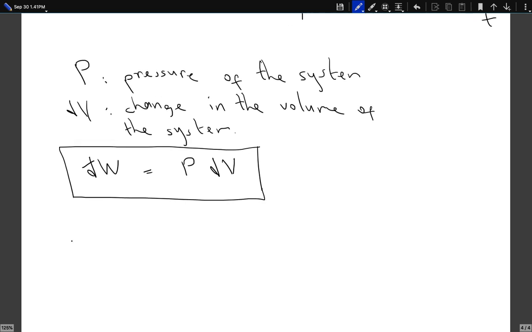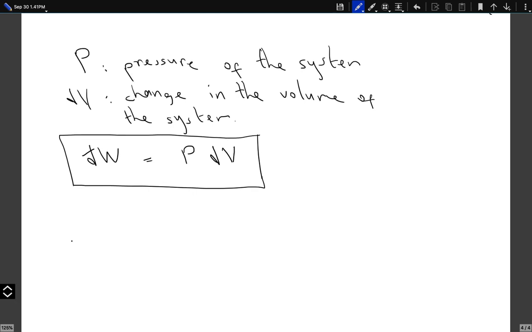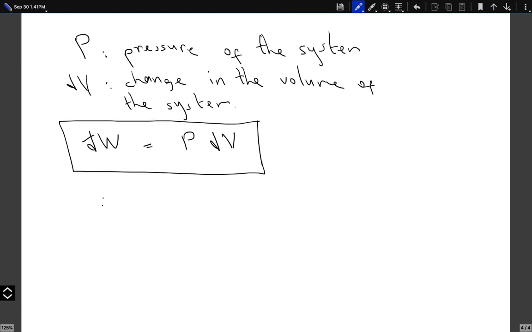Now let's calculate some work done. Suppose I have a system, and I'm changing the volume of the system. The pressure of the system is changing. Let's say that initially my system is at this volume V1 and at a pressure P1.